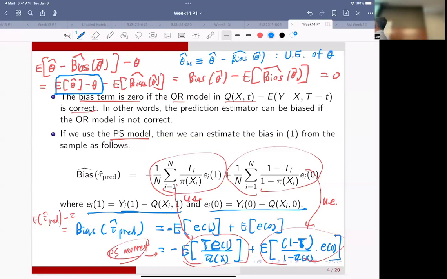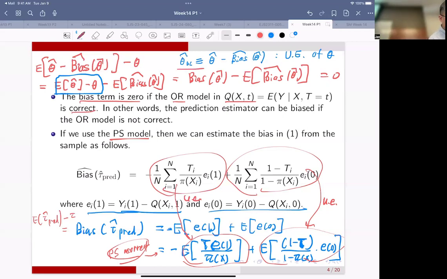So the bottom line is, if you can estimate the bias, you can always construct an unbiased estimator by subtracting the bias estimator from the original estimator. That's what we did here.